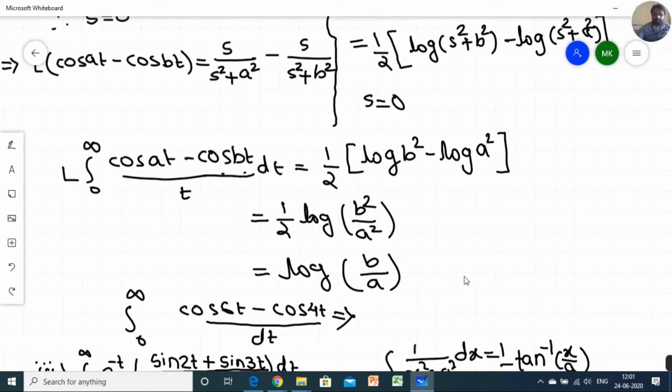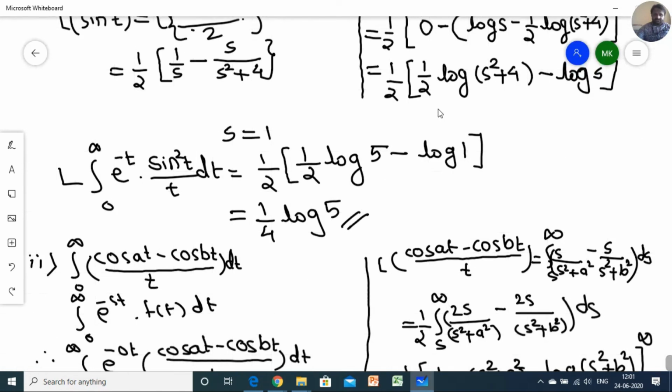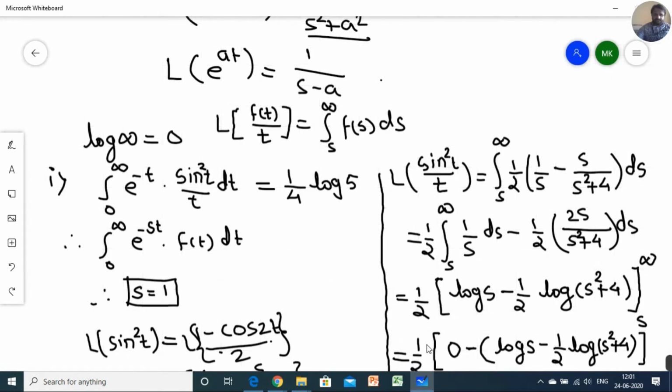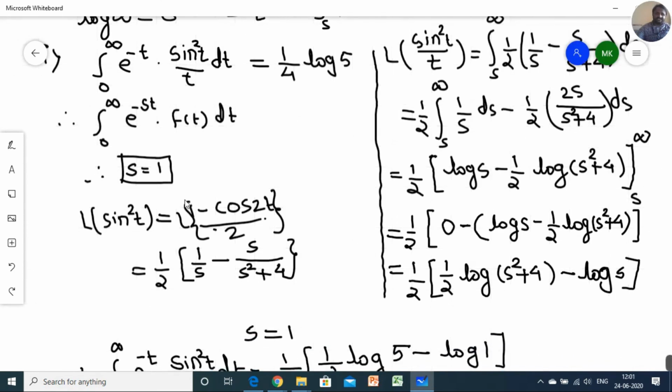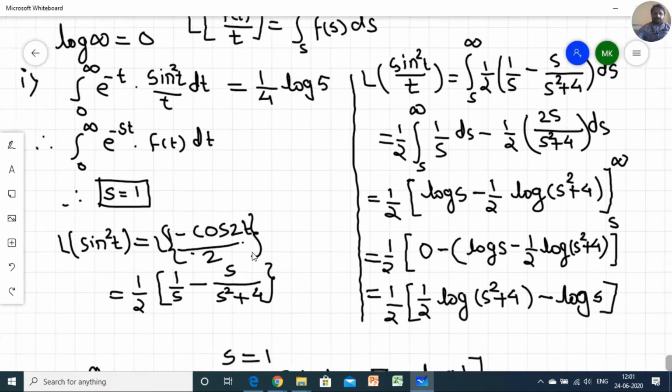But in our first numerical, the function is sine square t, but we converted that sine into multiples, and those multiples we got in terms of cosine. So there we calculated cos. So sometimes the question arises: if the question asks for the Laplace of sine, then we have to use this formula only.